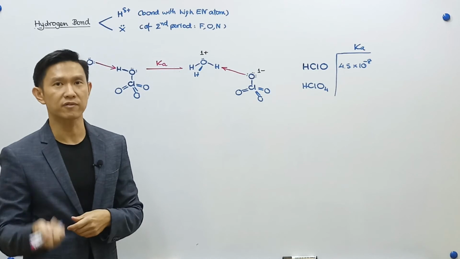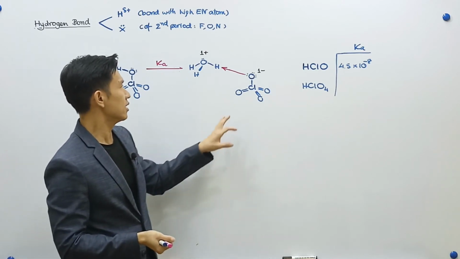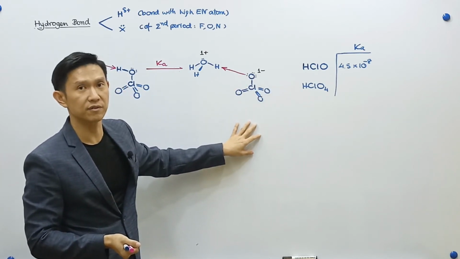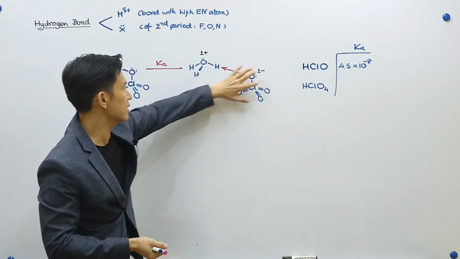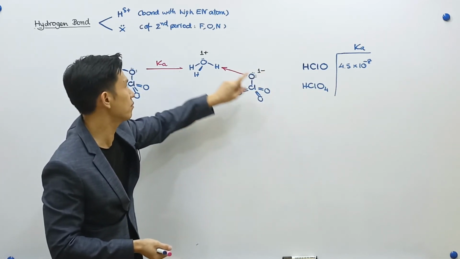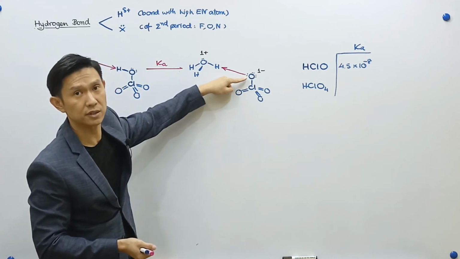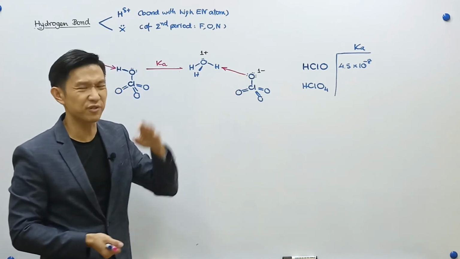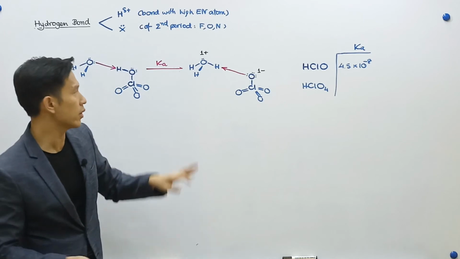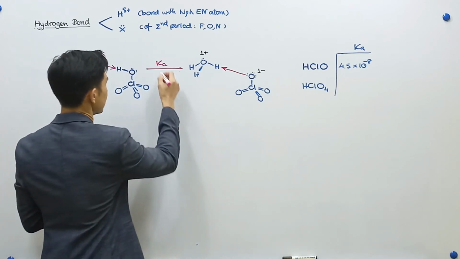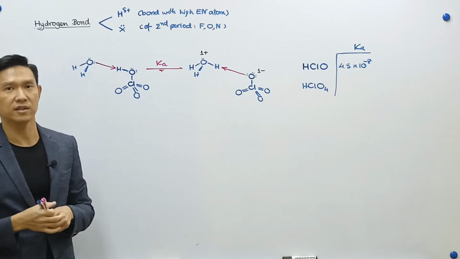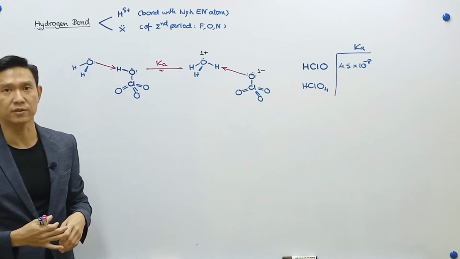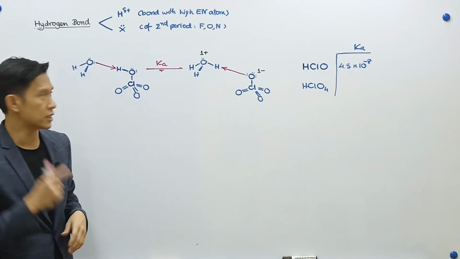With the higher number of oxygen atoms, very high electronegativity, 3 oxygen atoms over here, it can take electrons out from this O minus. So the negative charge is very, very low. With the very low negative charge, the reverse reaction drops drastically as well.